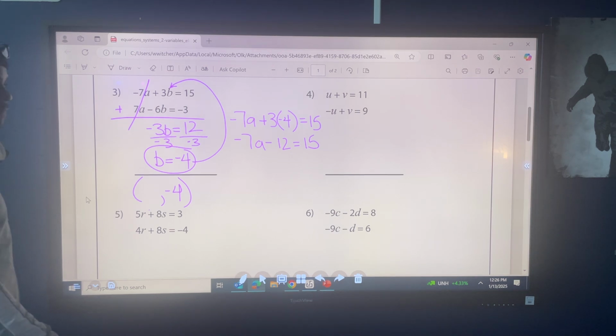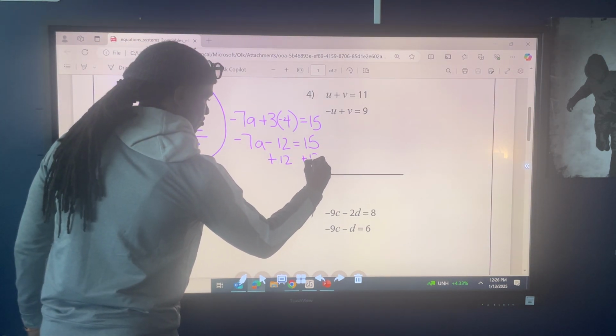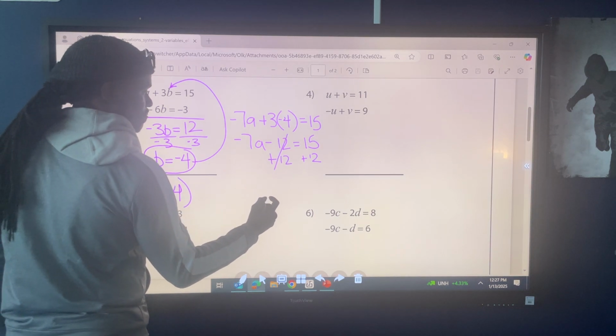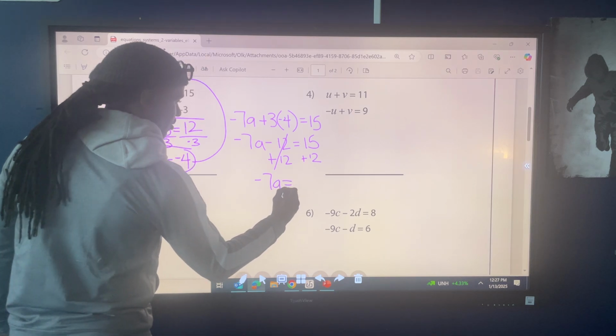What do I got here? It becomes negative 7A plus negative 12, then what? Add 12. That's going to make what? The 12's cancel out. Leave me with 12 plus negative 7A. Negative 7A equals 27.